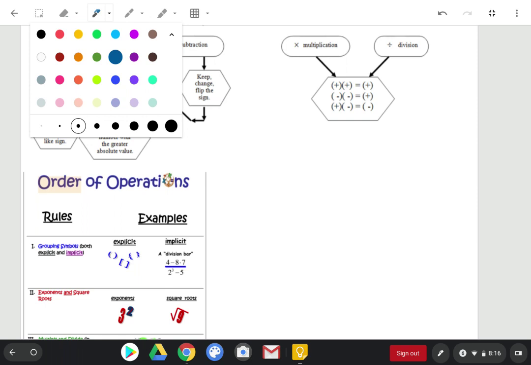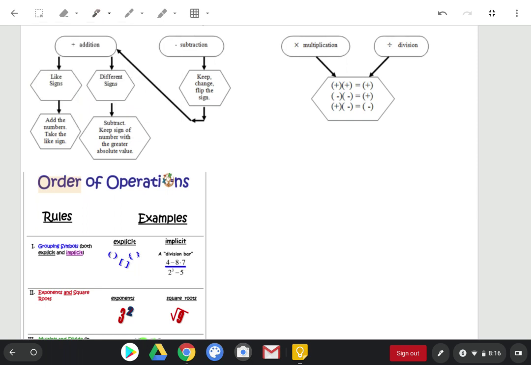Problem number 7 says 5 times negative 4r minus 8d. And we have r is equal to 5 and d is equal to 7.